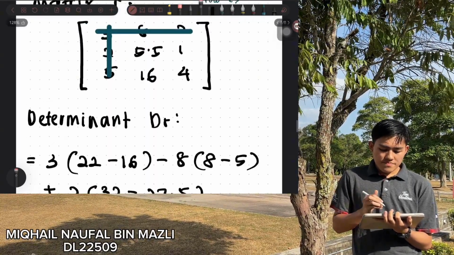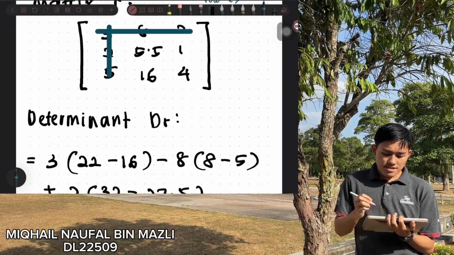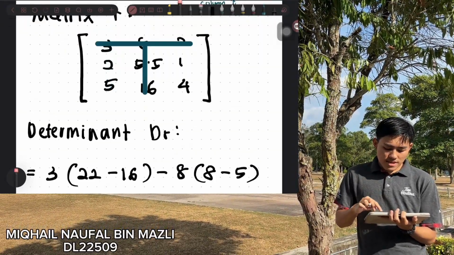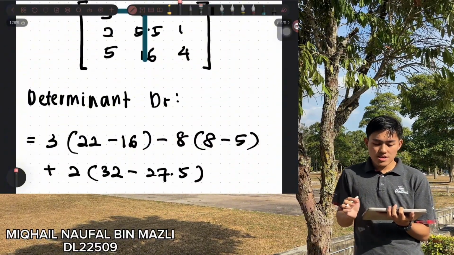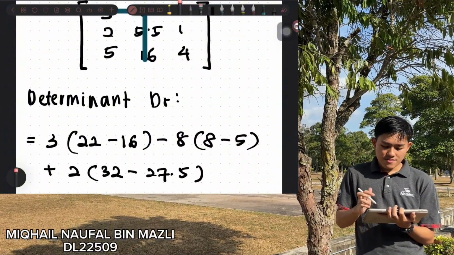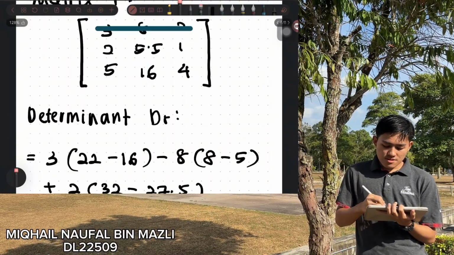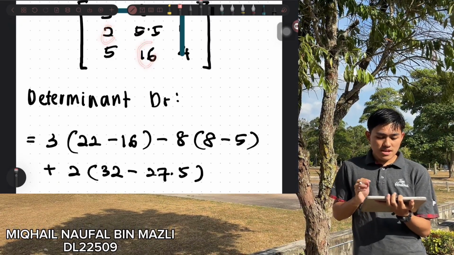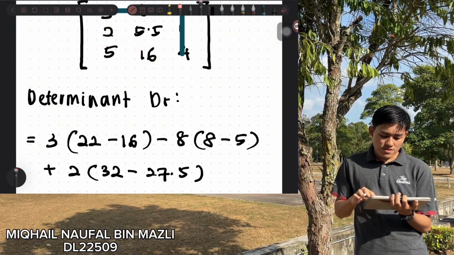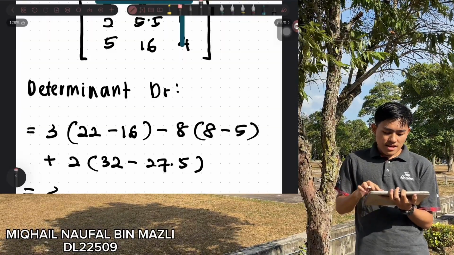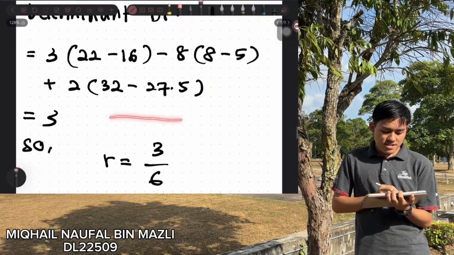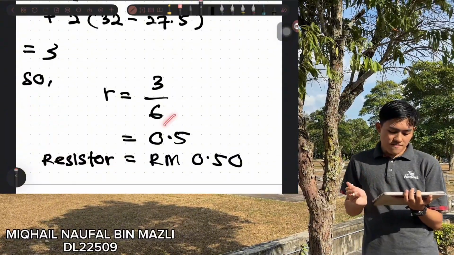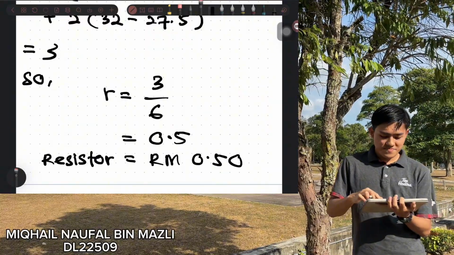Then we close the second column and we get 2 times 4 equal to 8, and 5 times 1 equal to 5. And the last one, we close the third column and we get 2 times 16 equal to 32, and 5.5 times 5 equal to 27.5. Then we calculate and we get 3. So we just divide by 6, and the price of resistor is 50 cents.